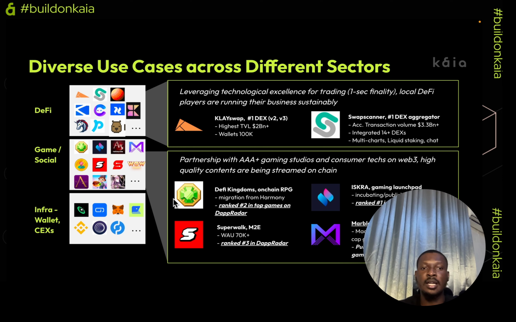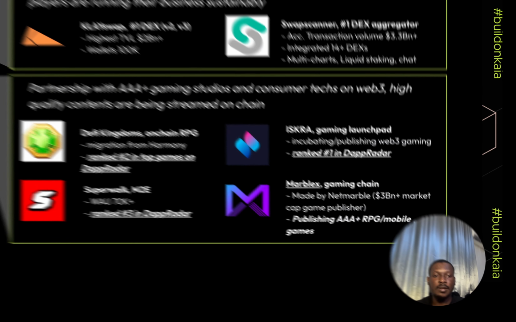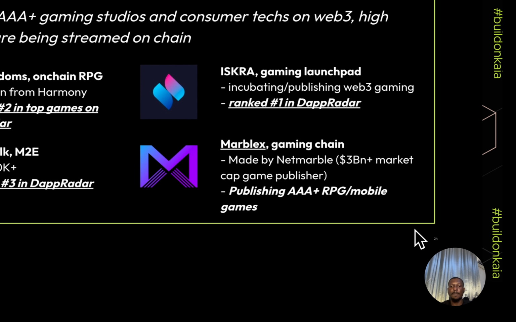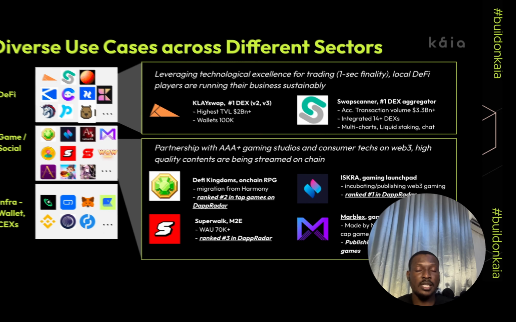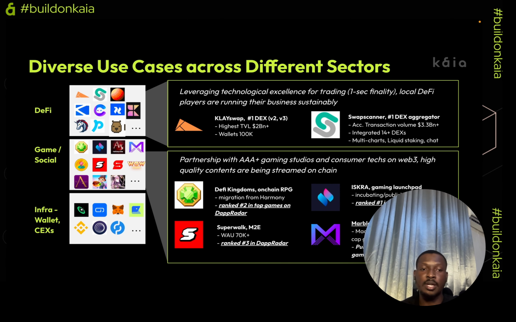We also have Swap Scanner, the number one DEX aggregator. We have different games: DeFi Kingdom, Work to Earn platform Superwork, Iskra Gaming Launchpad, and also Mablex. These are the various use cases that you can build. We are also focused on real world assets tokenization, and we have different ecosystem partners.